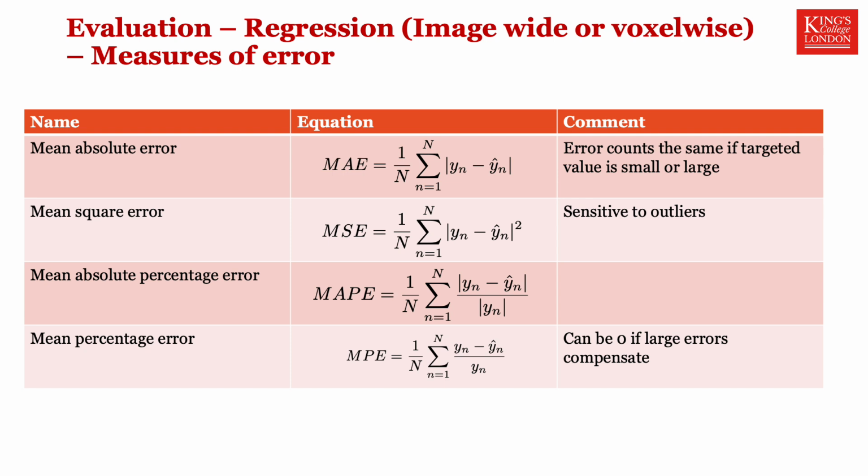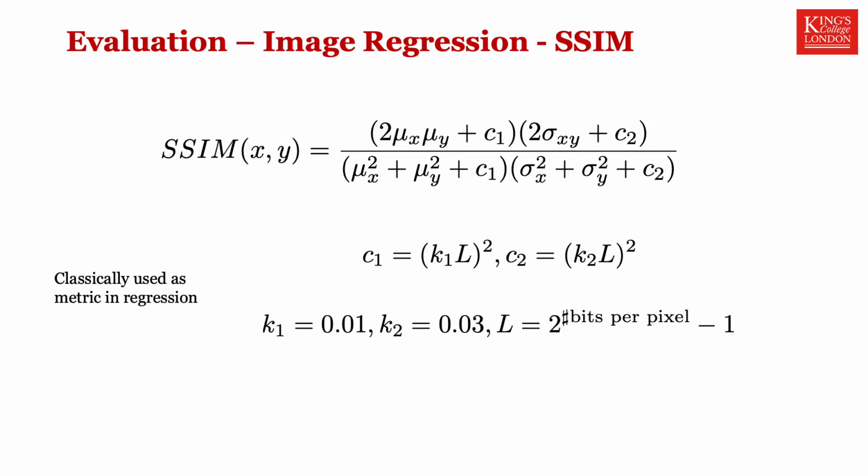I'm just taking a bit of time to talk to you through one of the image regression metrics, which is SSIM. SSIM is a measure of structural similarity, where you are using both the mean expected value and the variance, either the variance of your specific sample or the covariance between samples.